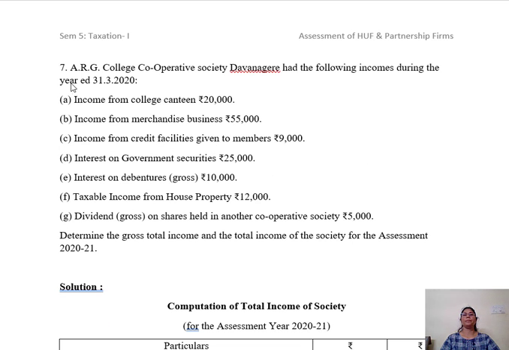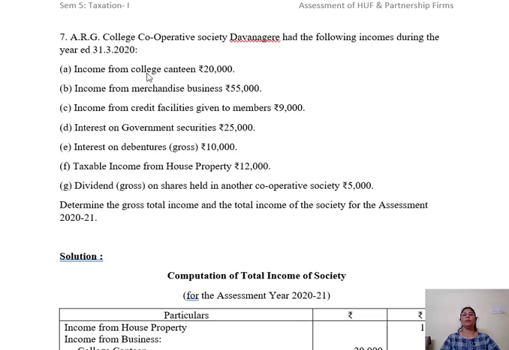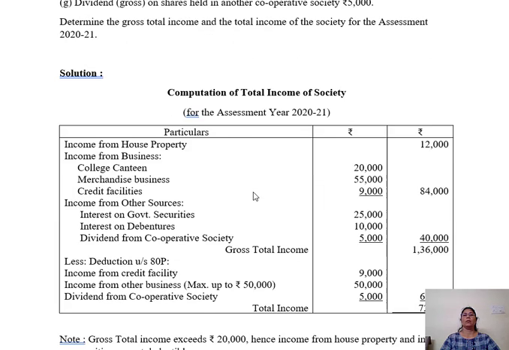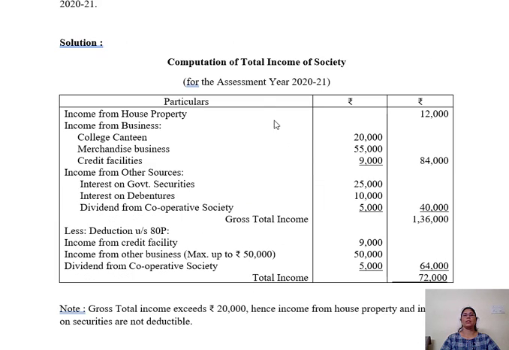The next problem: income from college canteen, income from merchandise business, income from credit facilities given to members, interest on government securities, interest on debentures, taxable income from house property, dividend, that is gross, and determine the total income of the cooperative society.